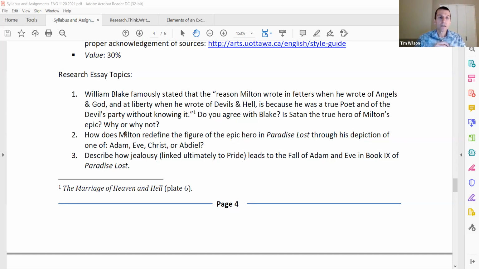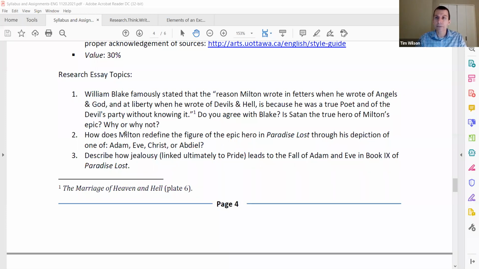William Blake, a famous romantic poet, was writing these lines around the 1790s, over 100 years after Milton. He wrote that the reason Milton wrote in fetters when he wrote of angels and God, and at liberty when he wrote of devils and hell, is because he was a true poet and of the devil's party without knowing it.